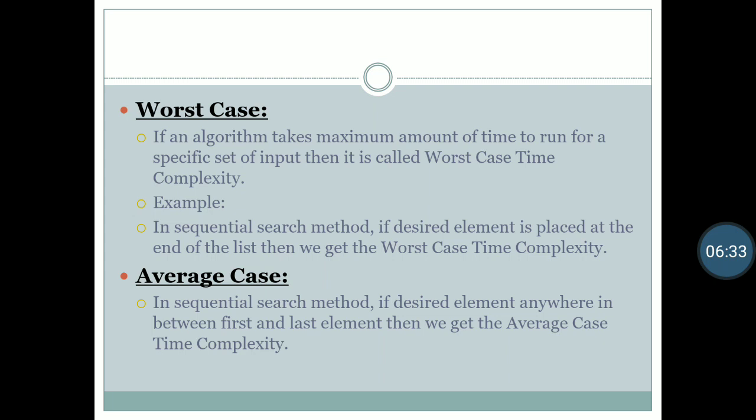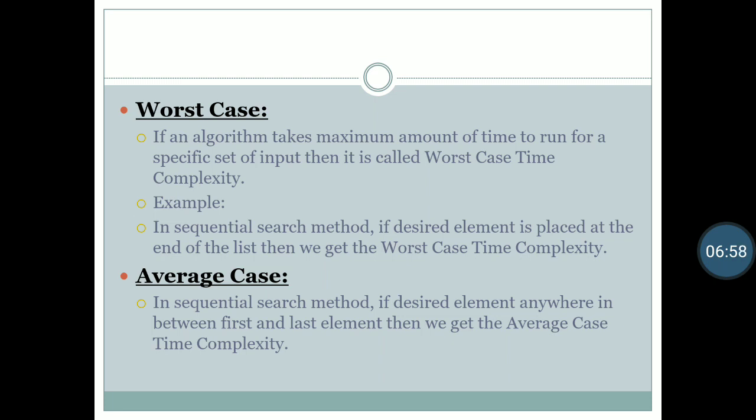Why? Because that person has to check all the names of that list. In that scene, Farhan and Raju were the last in that list, so that was the worst case for them. But Rancho was the first in that scene, so that was the best case example.